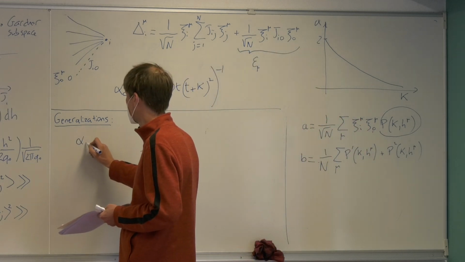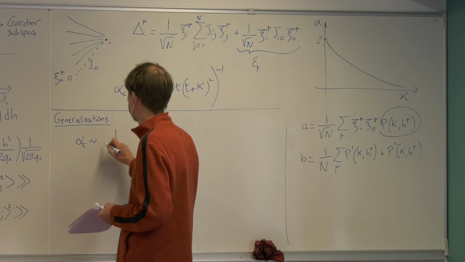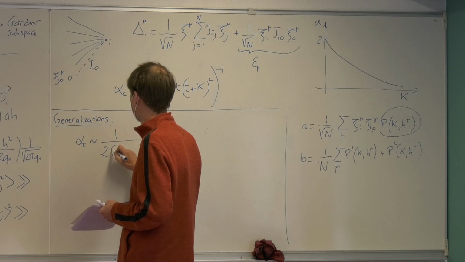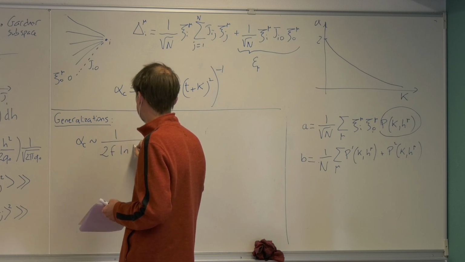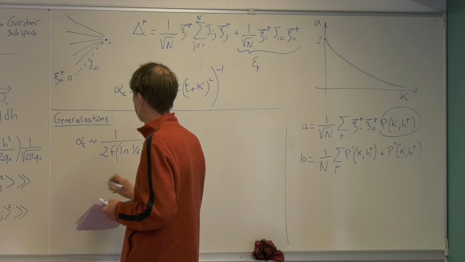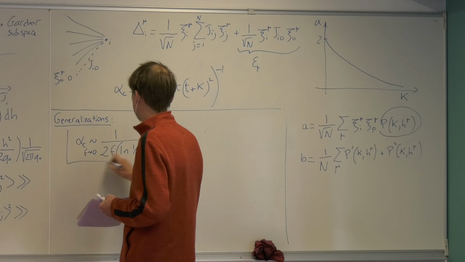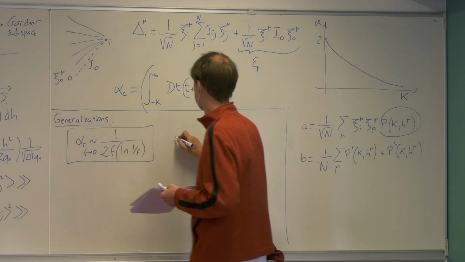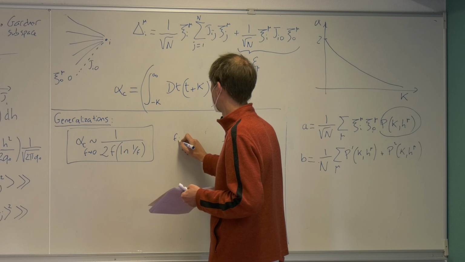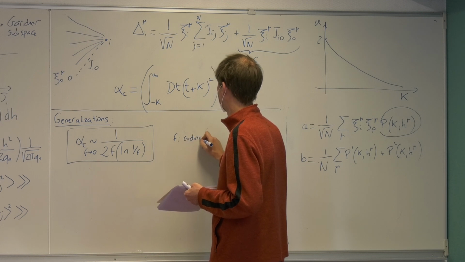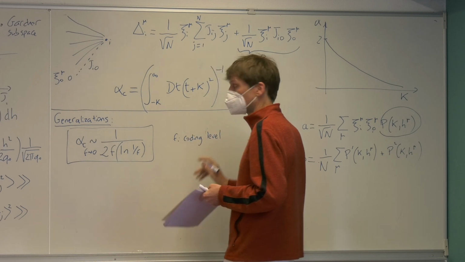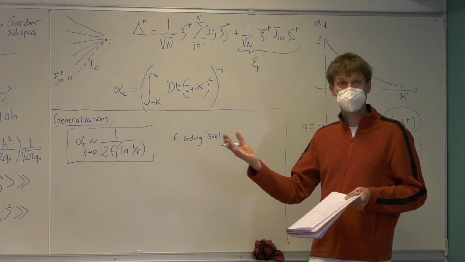And so you can show that alpha c will go as 1 over 2f log of 1 over f when f goes to 0. And f is the coding level.